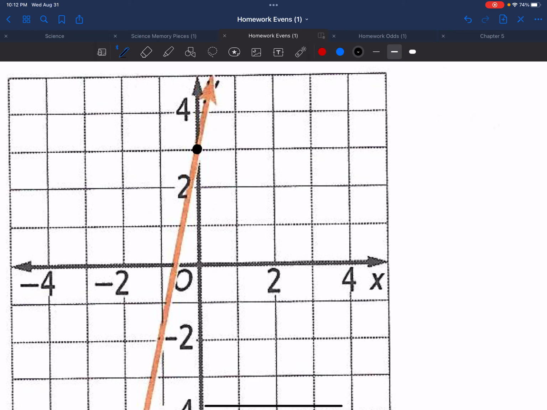There's a point, and here is a very clear point of intersection. So what happens every time to the rise? I add 5. And then I run 1.